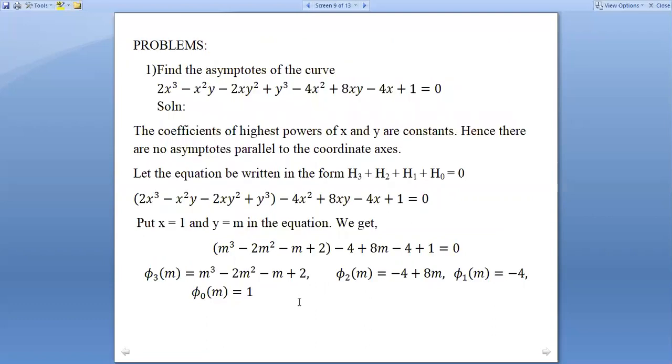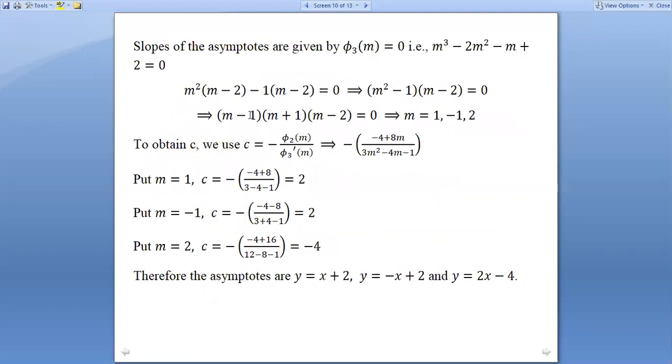Now to find what is m, you equate phi3 of m to 0. So to find the slopes, we equate phi3 of m to 0. Solving this cubic equation, we get the values of m to be equal to 1, minus 1 and 2. You can use this method or you can also use synthetic division to find out the solutions of the cubic equation.